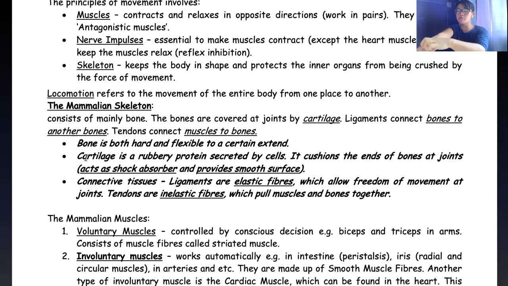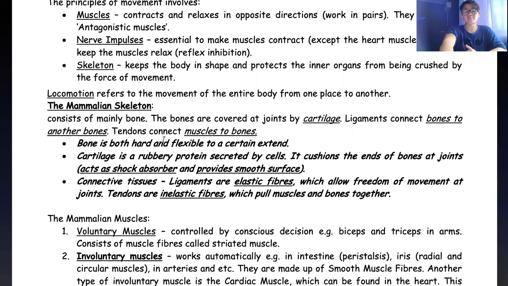The joining between one bone and another bone is what we call a ligament, whereas the joining between your muscles and your bones is what we call your tendons. So essentially, that's all there is. At the end, you must remember this.